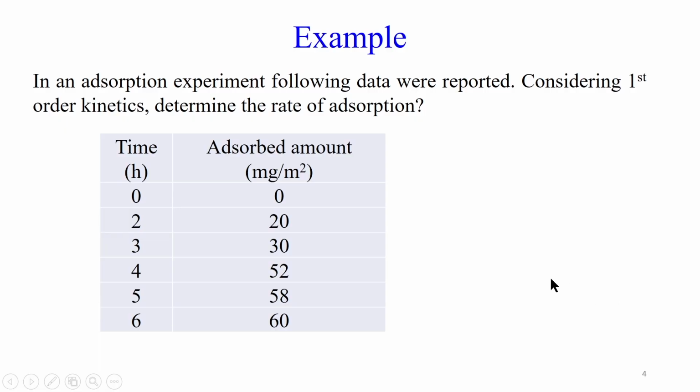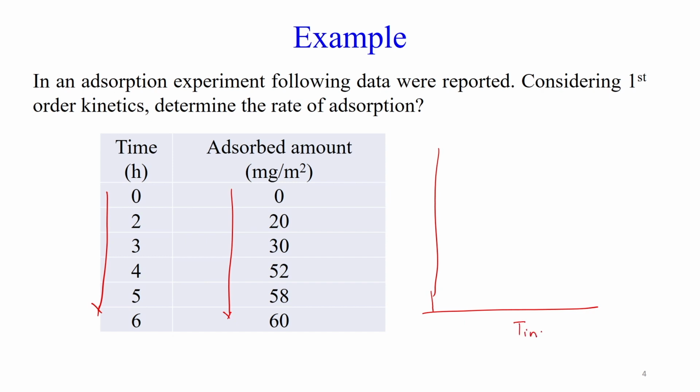So, as I told, we know various experimental methods to determine the adsorbed amount with time. So, we will have this sort of data. With increase in time, there will be an increase in the adsorbed mass. So, if you plot like this, time and mass, it should typically go like this and reach a plateau.